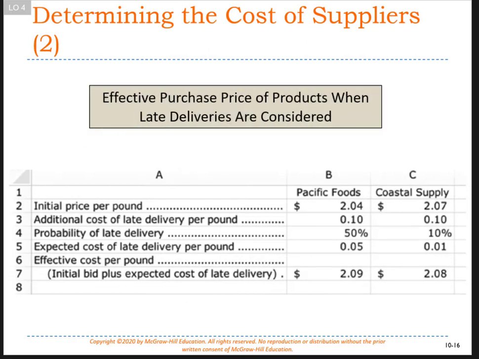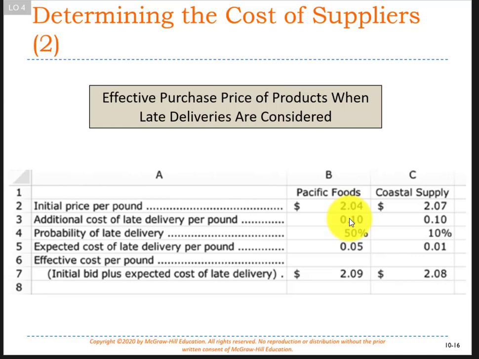So here's our attempt to do that, okay? Our additional cost of late delivery per pound is 10 cents. So we have to do other things to make up for late delivery. Maybe we have to bring in additional people to offload fast so that we can meet production. Whatever.